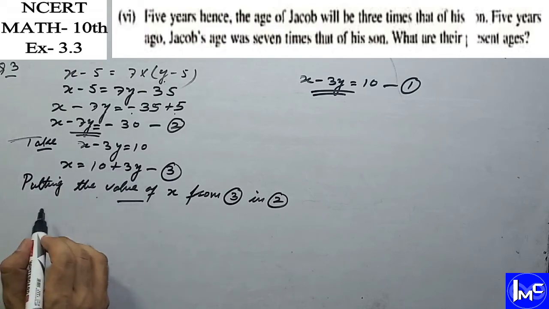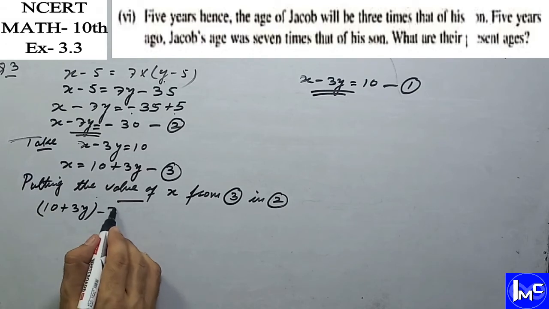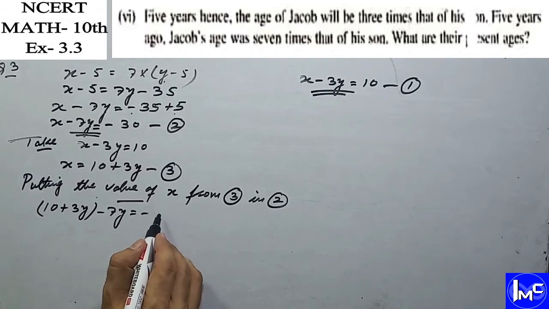X is what? That is 10 plus 3y minus 7y is equal to minus 30.